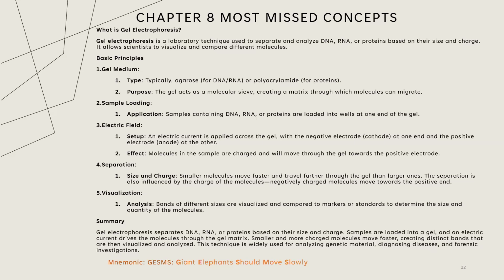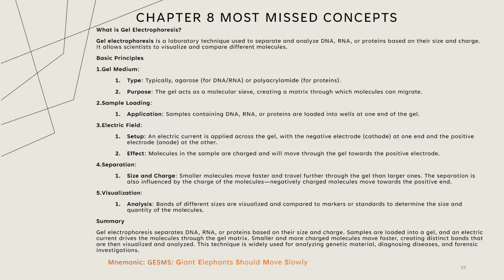Then the size and the charge are going to cause your DNA to move through and create these little bands that we can visualize using a variety of methods of looking at the DNA, whether it's ultraviolet or staining the DNA itself. We can look at them on the gel, and that's where we get those pictures from.